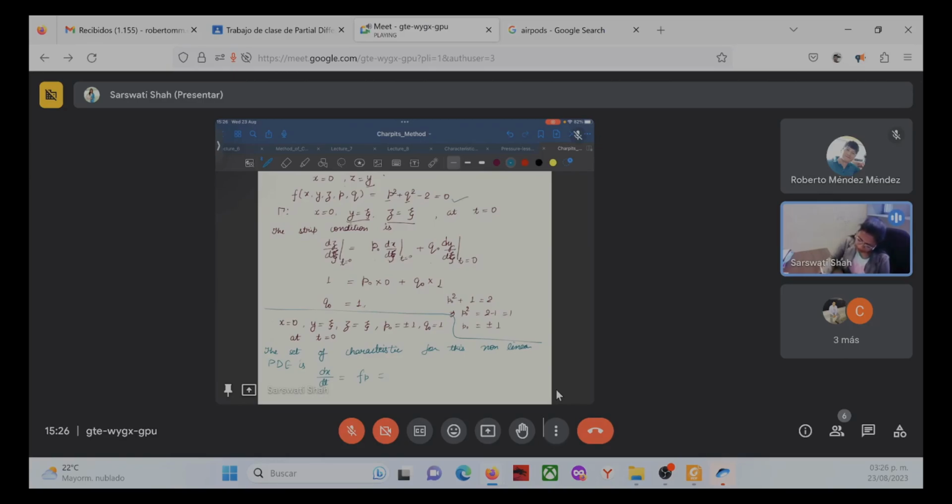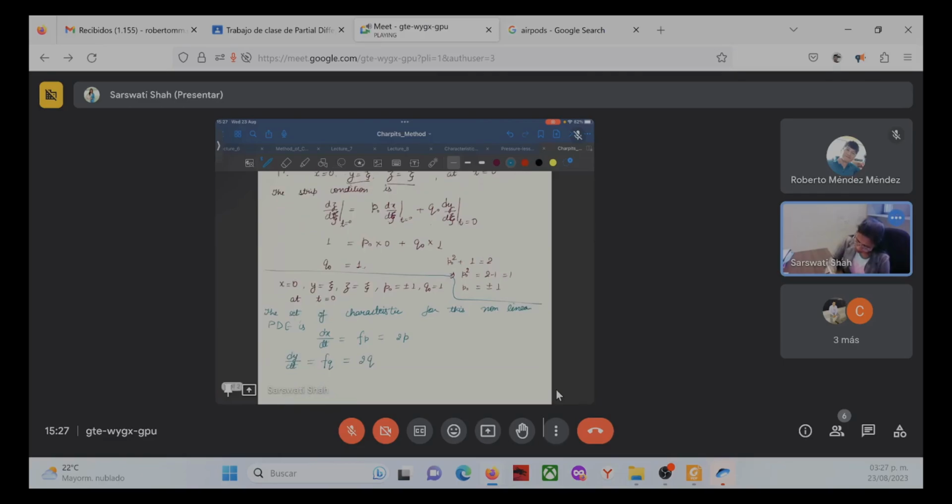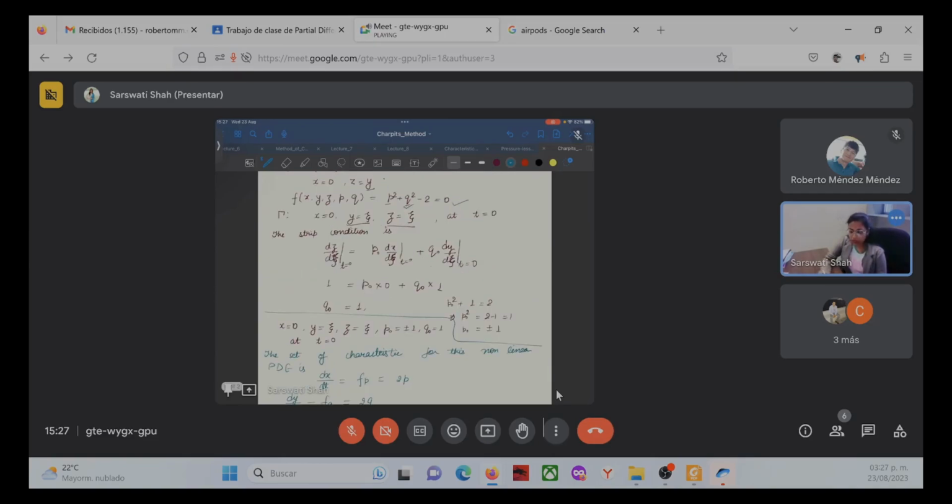So F of p will be 2p. dy over dt equals F of q. So what will be F of q? 2q. dz over dt will be p F_p plus q F_q, so 2p square plus 2q square.